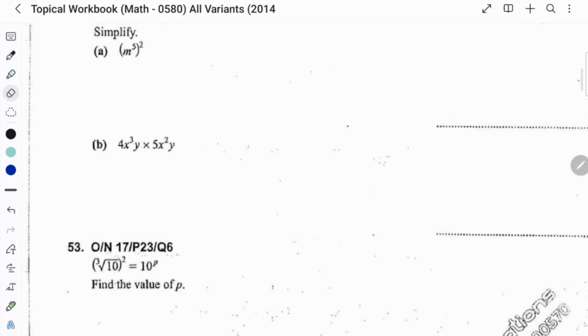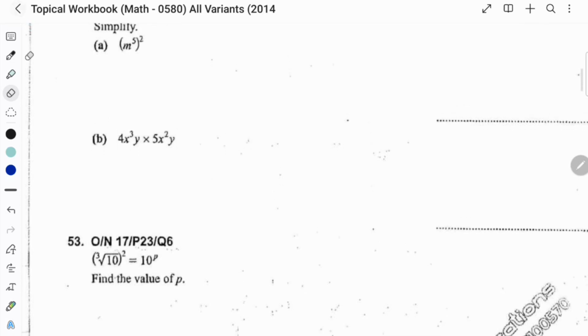As calculator is not allowed, look at this next question. You can write it as 10 to the power 2 over 3, because it's a third root of 10 square, and we can write it as 10 to the power p, and p is equal to 2 over 3 in this part.